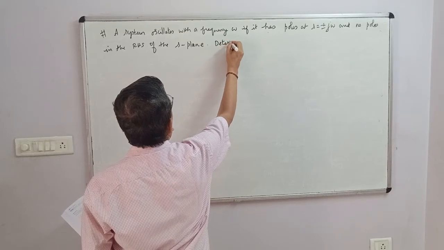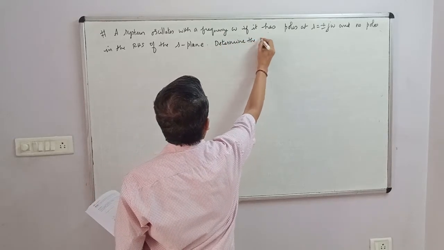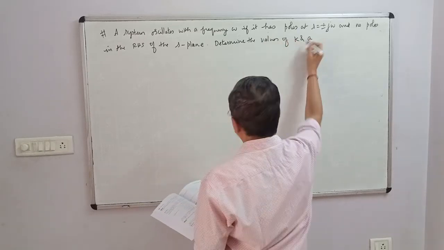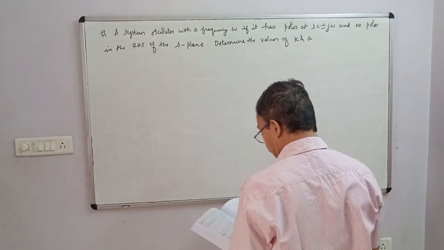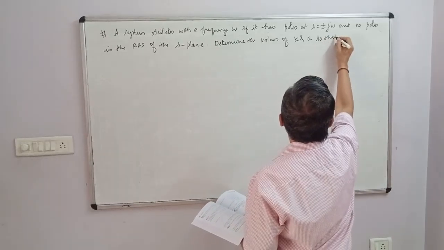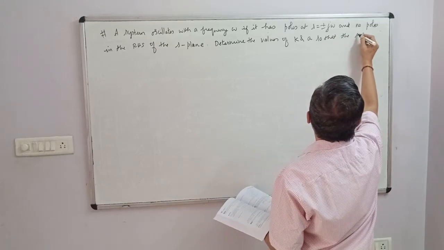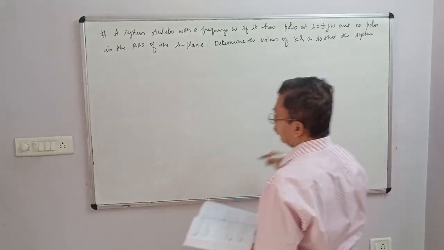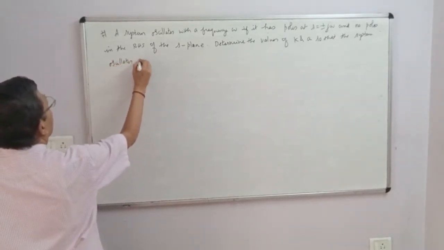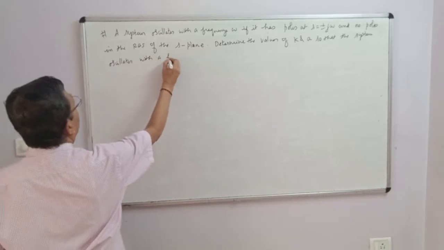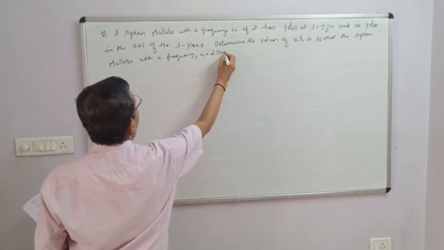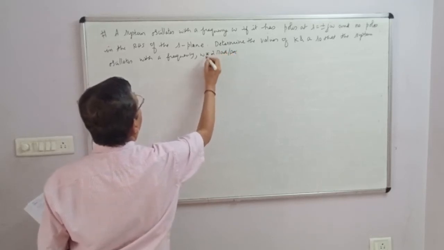Determine the values of K and A so that the system oscillates with a frequency omega equal to 2 radians per second.